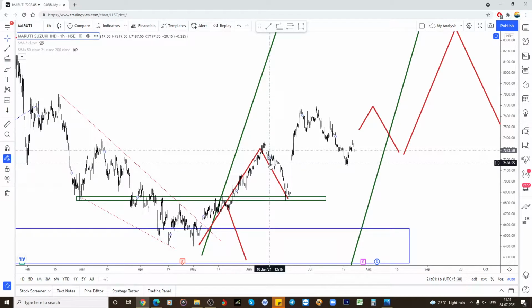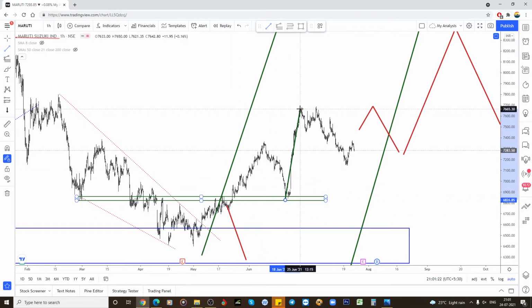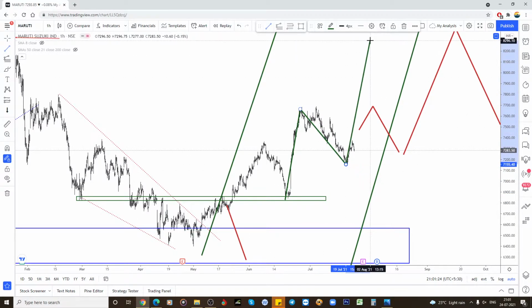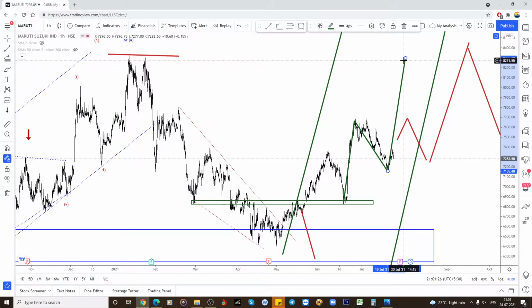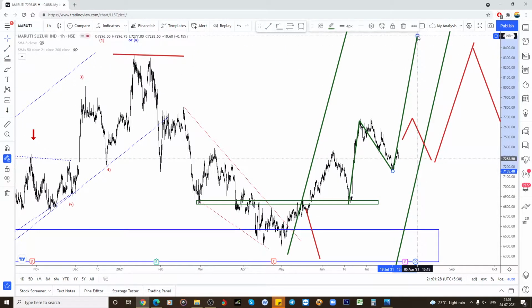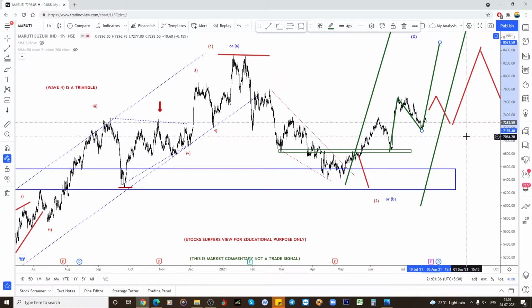But if we think this is a correction, what it will do is it will break above the high. Then we come to know, okay, this is an intermediate wave of third, 1, 2, like that. So be on the buy side here also.